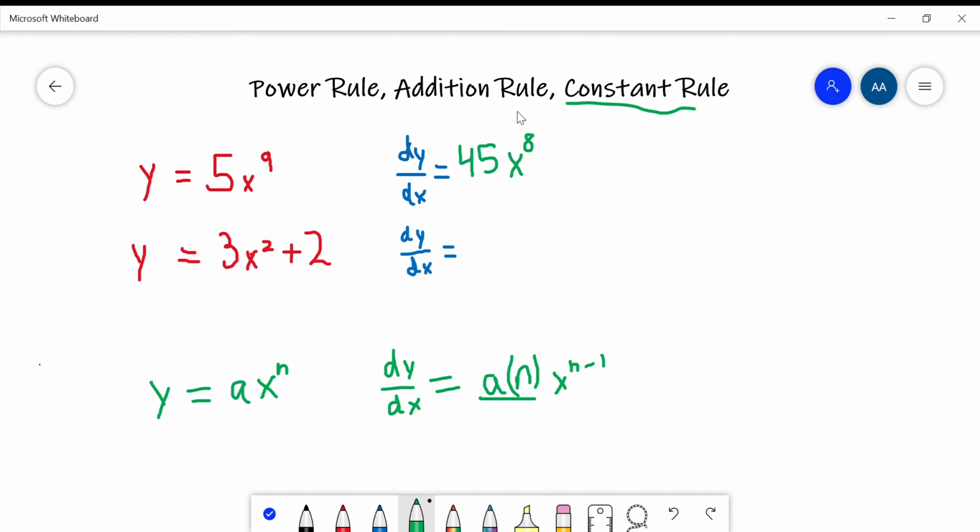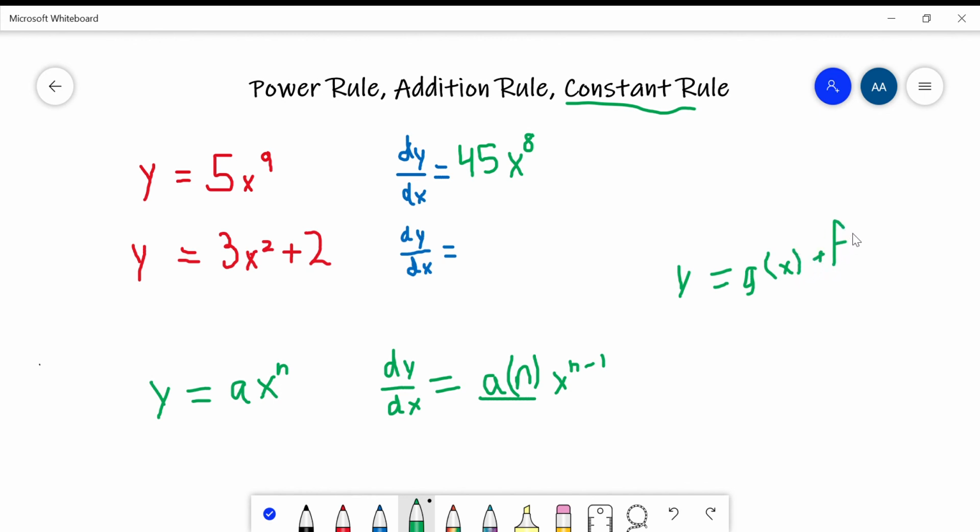For the addition rule, you basically apply it in the manner that's pretty much most intuitive. And by that I mean, I'll just write it. Let's say y is equal to g of x plus f of x.